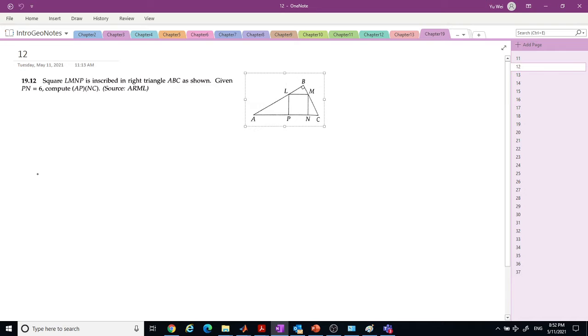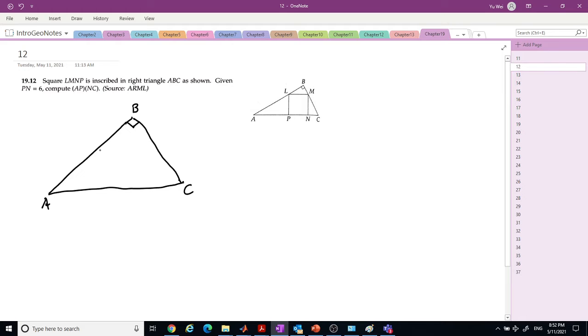So this is the inscribed square, right? Let's draw a big picture. I have a right triangle ABC, and this one is 90 degrees.